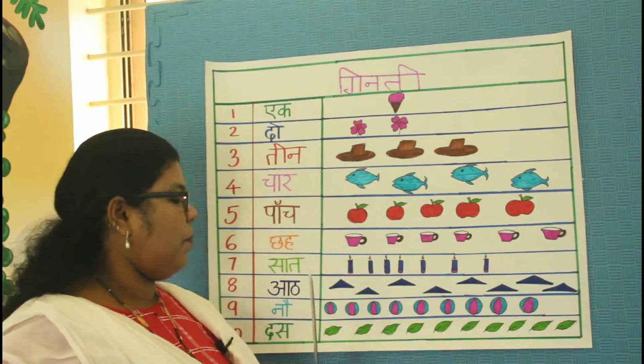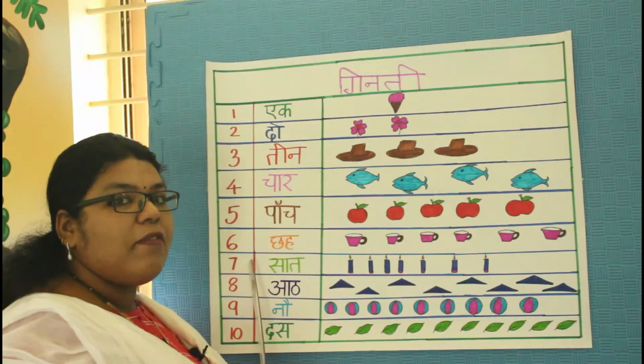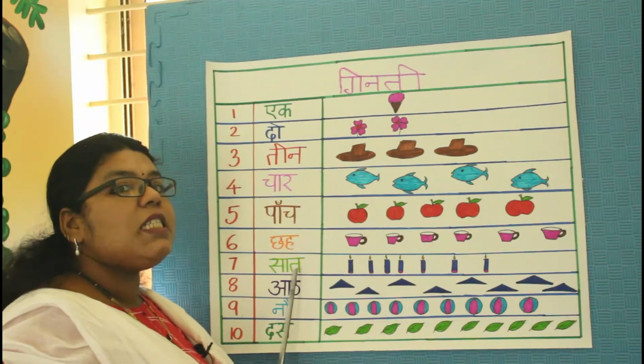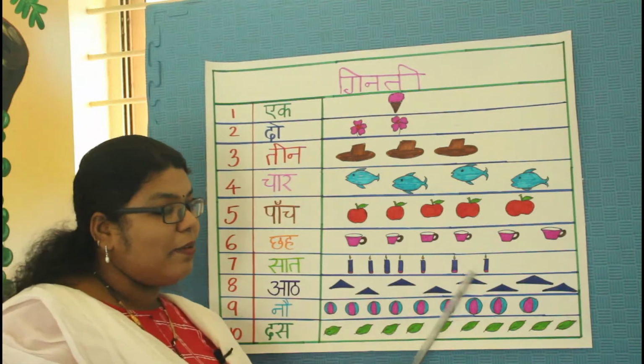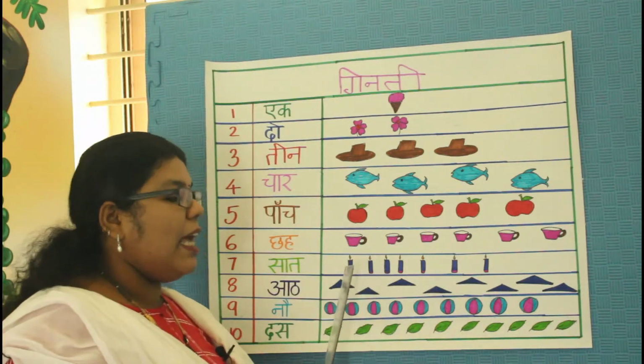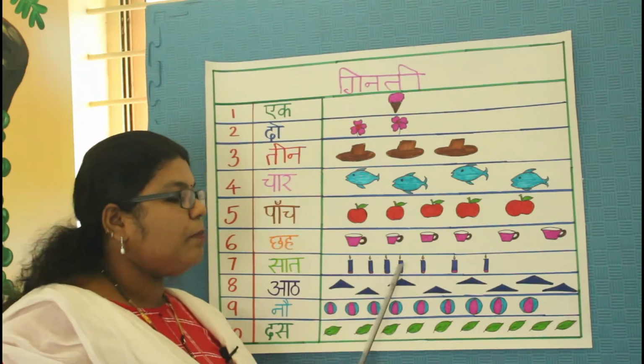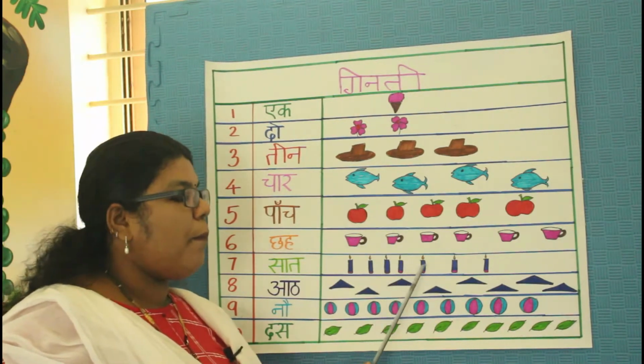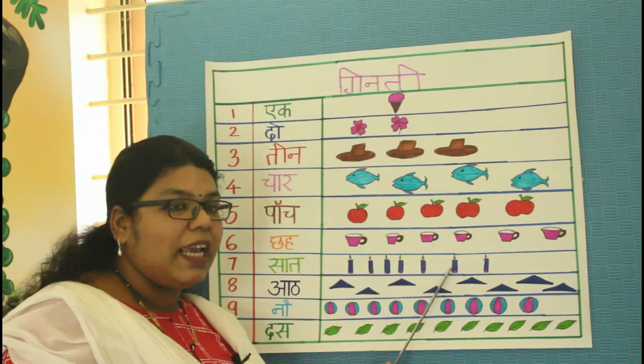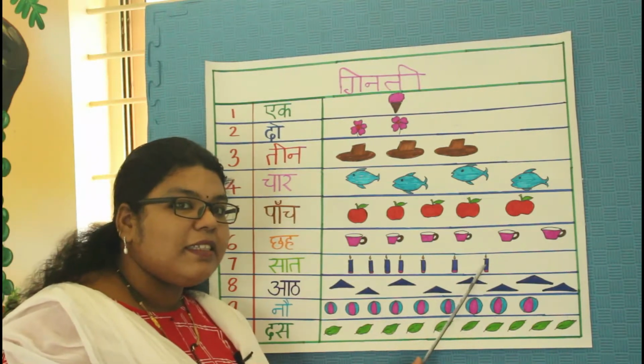Next is 7. 7 means 7. Let's count the number of candles. 1 2 3 4 5 6 7.